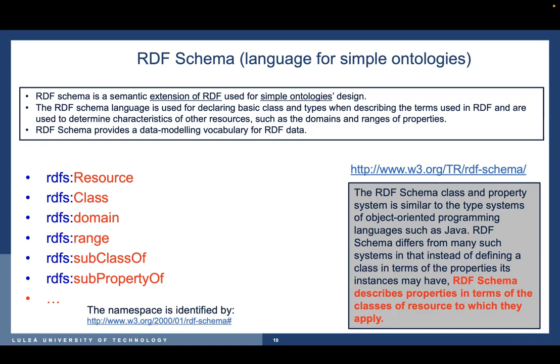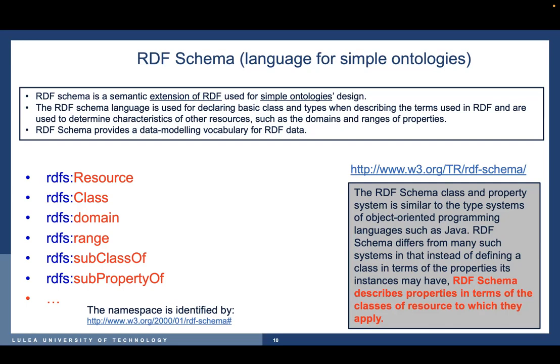So RDF schema, and again, when talking about ontologies, it's very useful to switch on your object-oriented programming skills. It's pretty much similar ideas. You have classes, you have some inheritance, and such. The main difference here is that in ontologies we describe properties separately from classes.